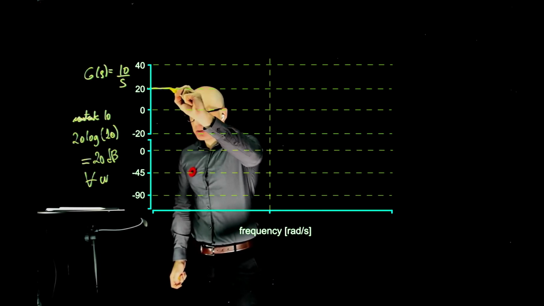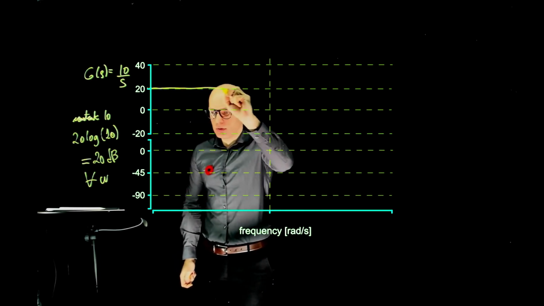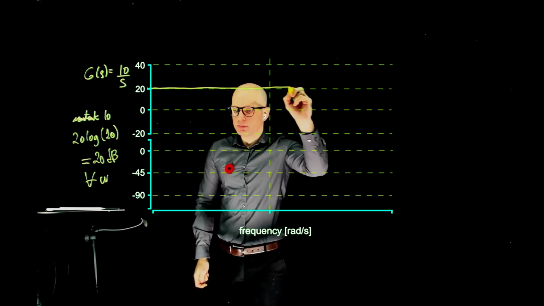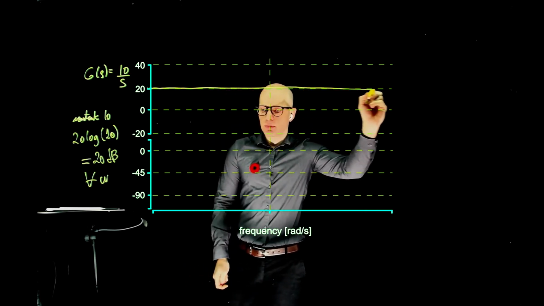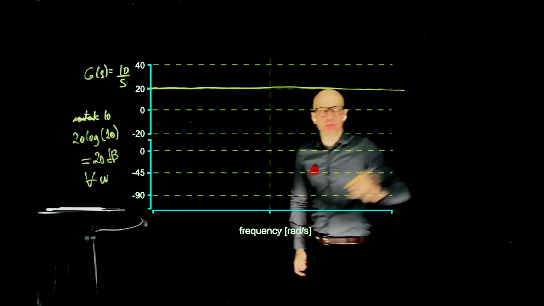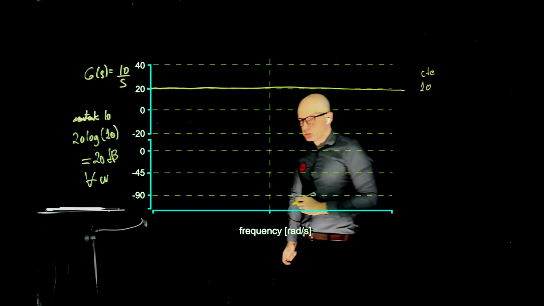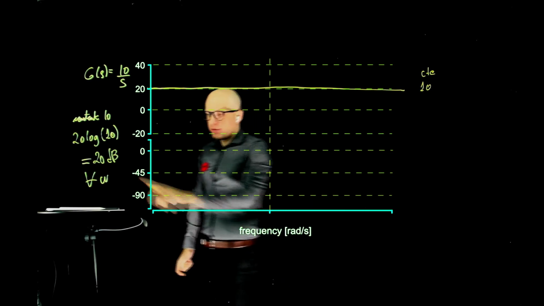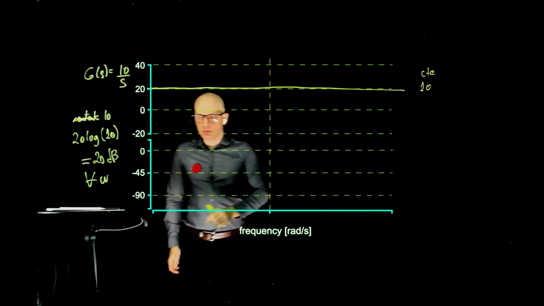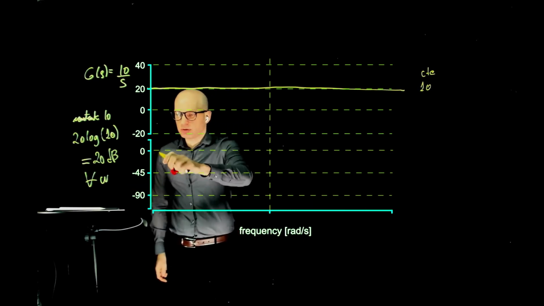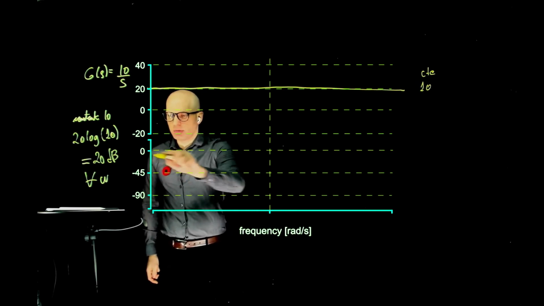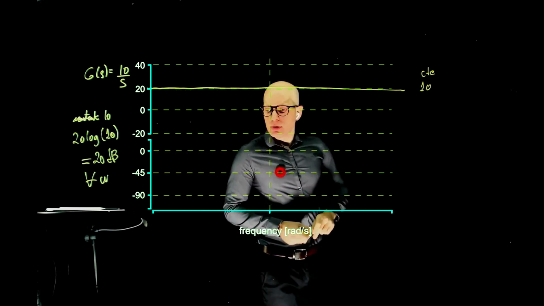This is going to be a constant gain of 20 dB. Well, this is for the constant 10. And what is the phase for that constant? It is 0, right? 0 will just follow a straight line along 0 here. I'm not even going to bother with that.